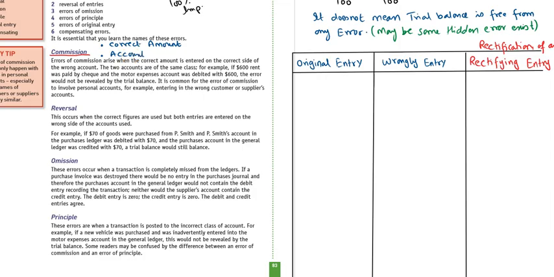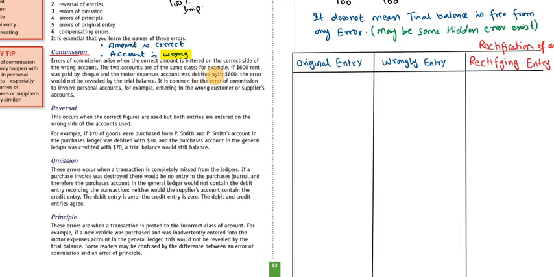You can say this account is wrong, the amount is correct. The amount is correct, but the error is that the account is wrong. We select the wrong account.